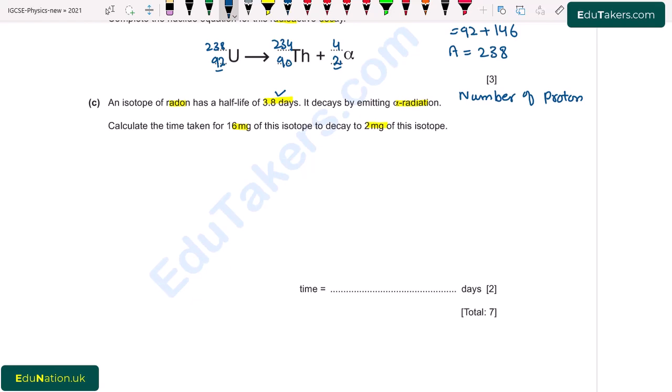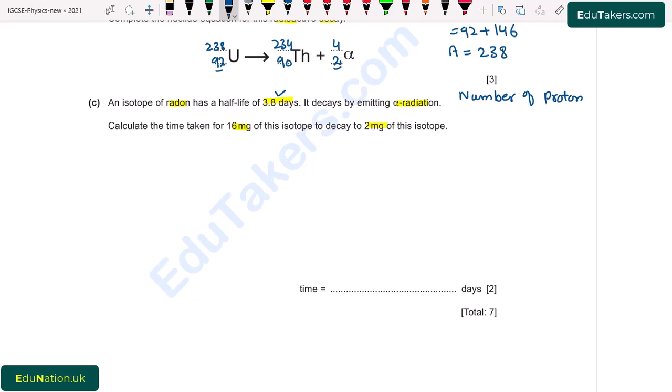We have to calculate the total time taken by the radon gas when its amount decreases from 16 mg to 2 mg. So first of all, we have to calculate the total number of half-lives. Half-life is the time during which half of the radioactive element decays.